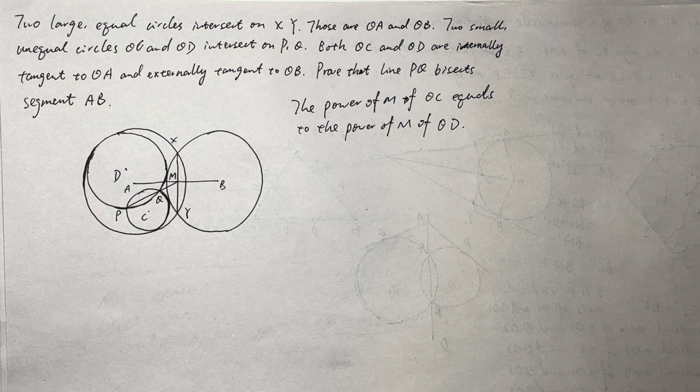And we already know that circle C and circle D are unequal, and we don't know any sizing of circle C and circle D, they're arbitrary. The power of midpoint M of segment AB to circle C or circle D, which is internally tangent to circle A and externally tangent to circle B, should be a constant.